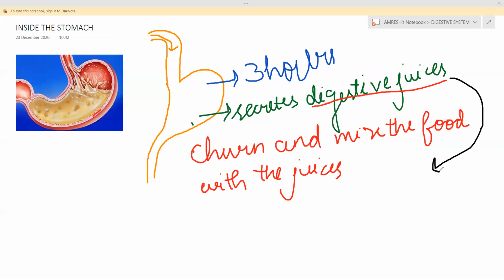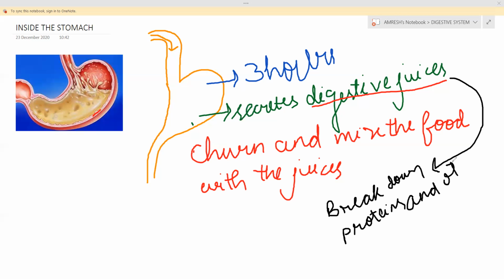These digestive juices break down proteins. Especially in the stomach, protein digestion takes place. They break down proteins and other substances into simpler substances, meaning smaller particles.